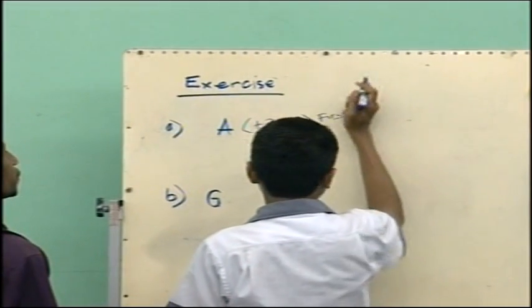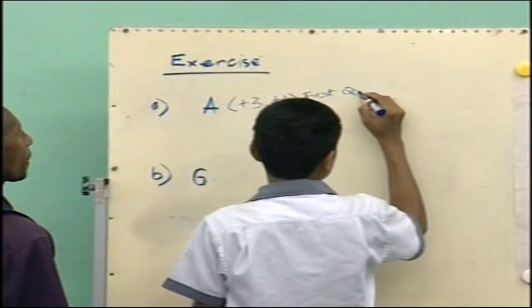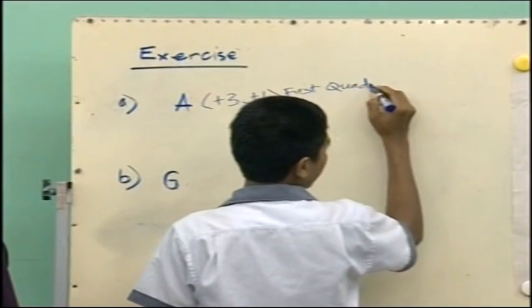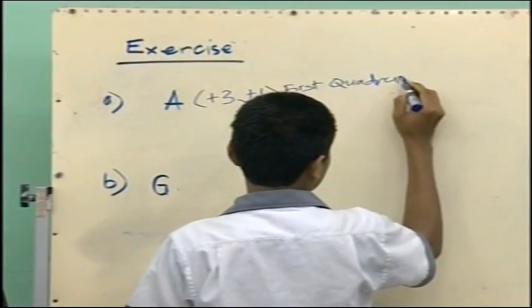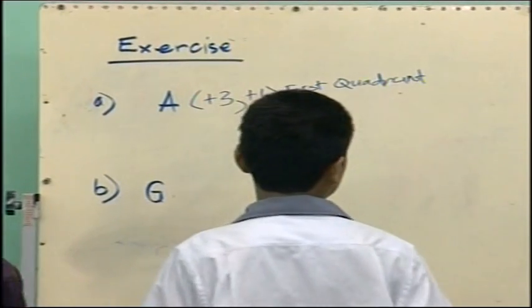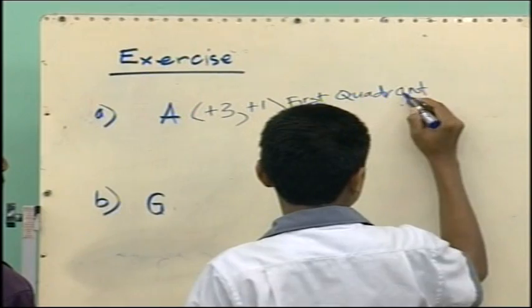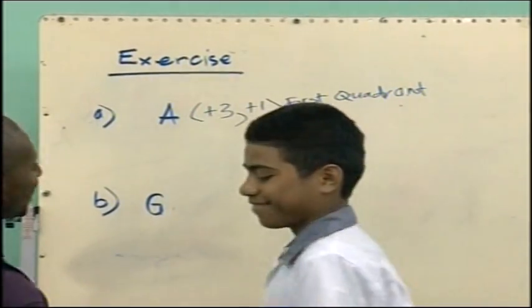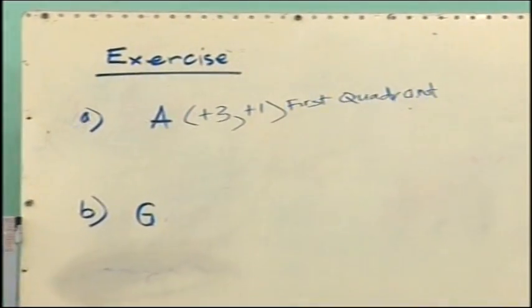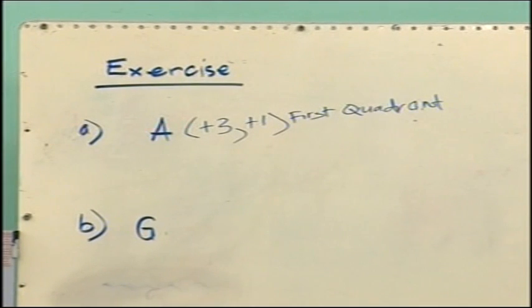Write that A properly. No, continue now, right? Relax now, right? Julie?